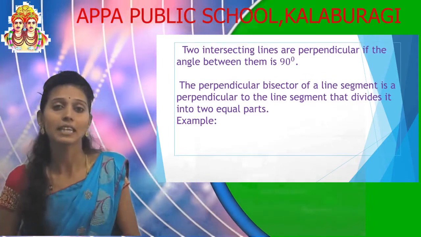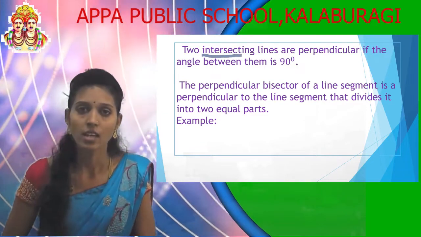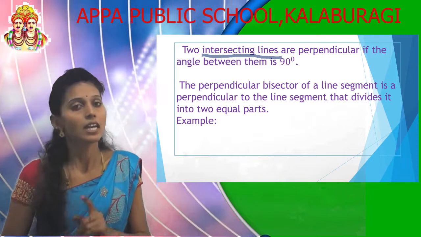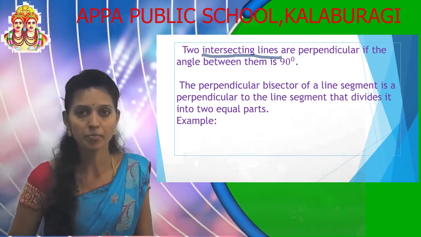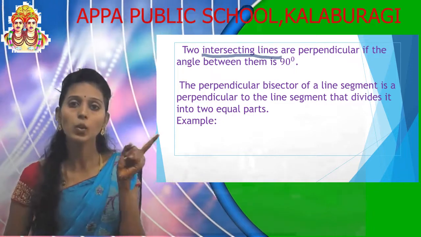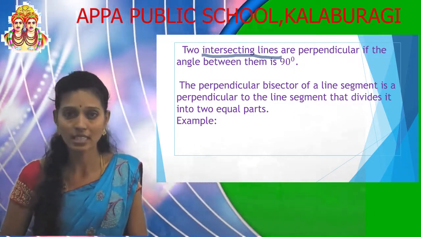Next is, see, while explaining basic geometrical ideas, lines, intersecting lines have been explained, isn't it? What is meant by intersecting lines? When 2 lines intersect each other, it is known as intersecting lines, isn't it?